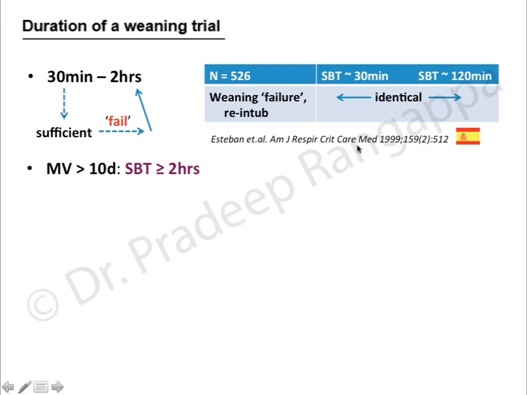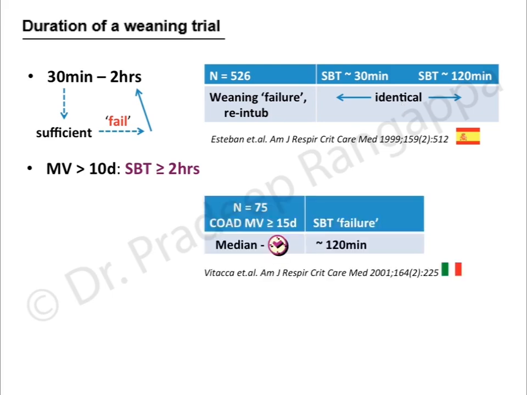So these were the studies comparing 30 minutes and 120 minutes, 2 hours, as a duration. This was a study done in 526 patients. They compared SBT of 30 minutes versus 120 minutes. Weaning failure or re-intubations were similar. So this study showed no difference between 30 minutes and 120 minutes.